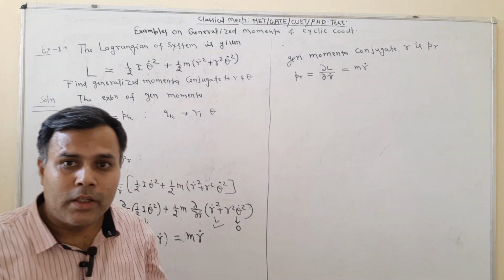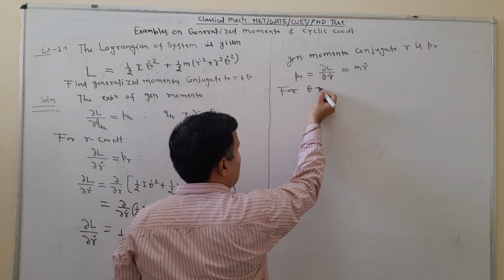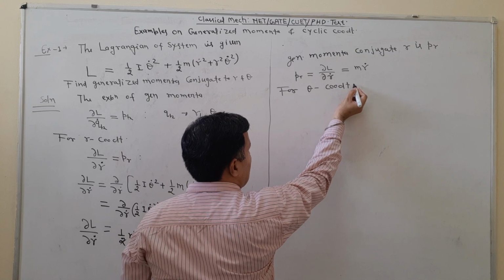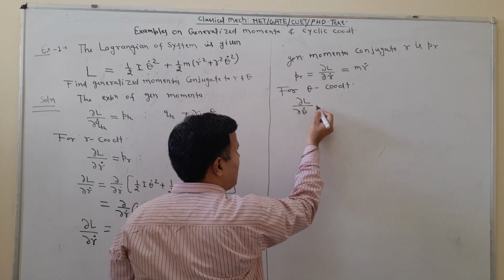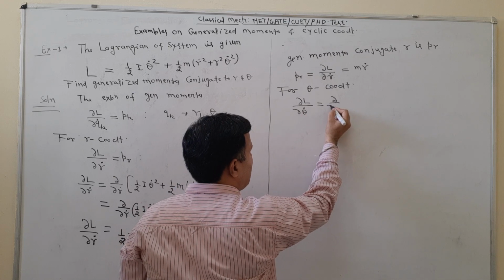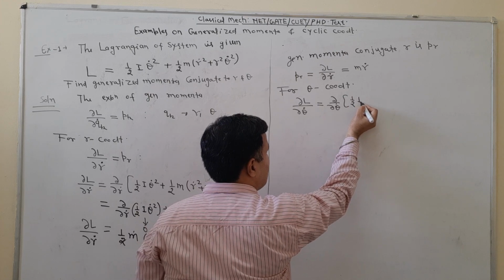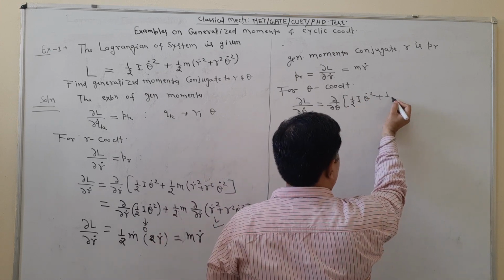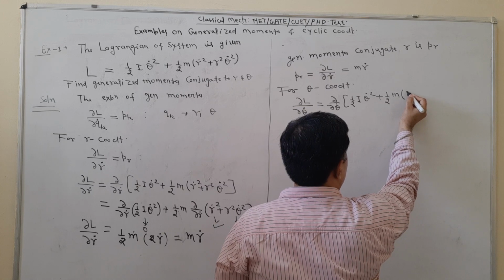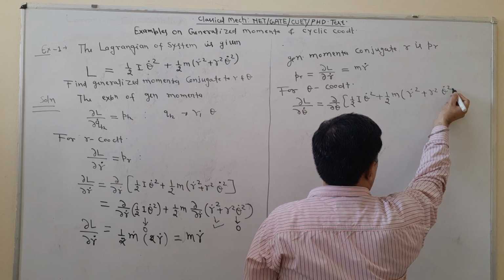Now for the theta coordinate, we have to find del L upon del theta dot, which is del by del theta dot of 1 by 2 I theta dot square plus 1 by 2 m (r dot square plus r square theta dot square).